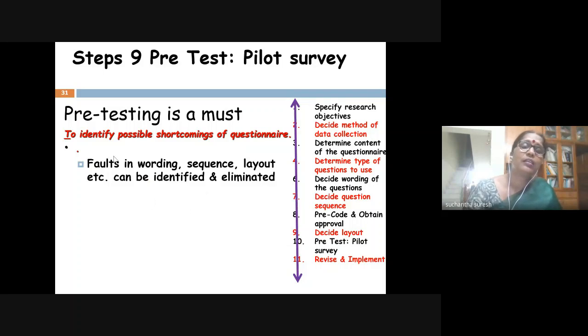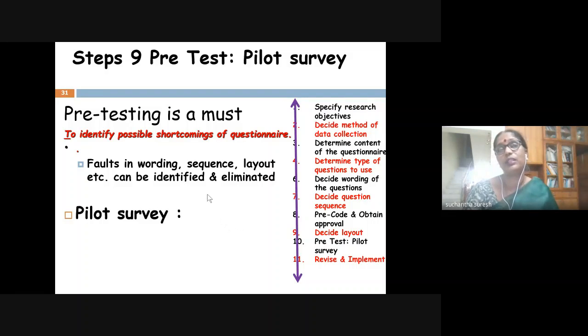All right. So next, after pre-testing, you have to do a pilot study, dear friends. Pilot survey. What is this pilot survey? A pilot survey is a small study before you conduct the main study.